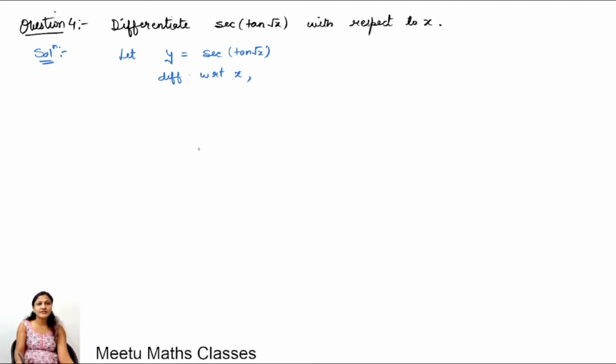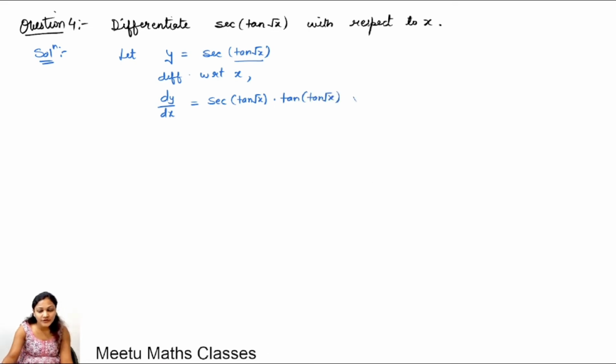So differentiating with respect to x will give you dy by dx is equals to, our function can be read as sec of something. So we can treat tan root x as x. So the derivative of sec x is sec x into tan x.